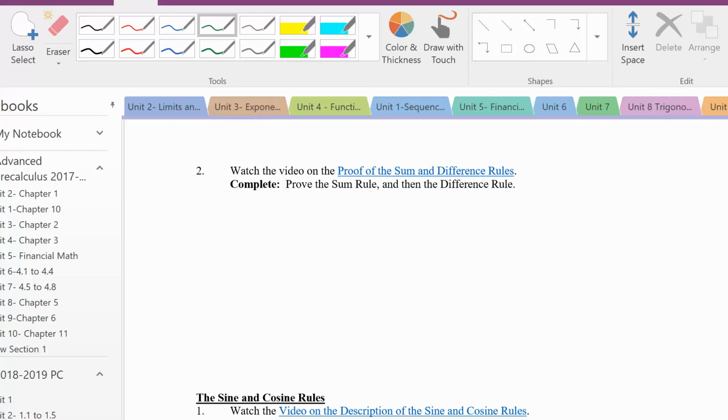So the proof of the sum and difference rules. I'll do the sum, and the difference rule is pretty much the same.